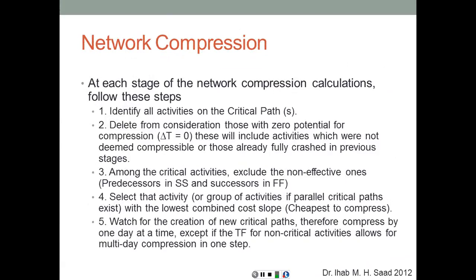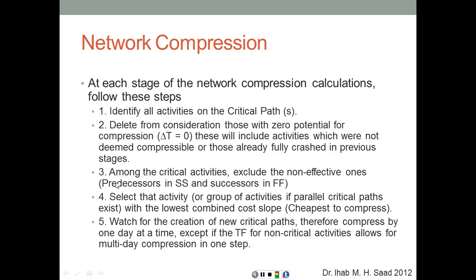At each stage of the network compression calculations, we're going to follow these steps. First of all, identify the critical activities. Second, delete from consideration those with zero potential for compression. If they have delta T equal to 0 or they are incompressible, then we're not going to look at them. Third, among the critical activities, exclude the non-effective ones.